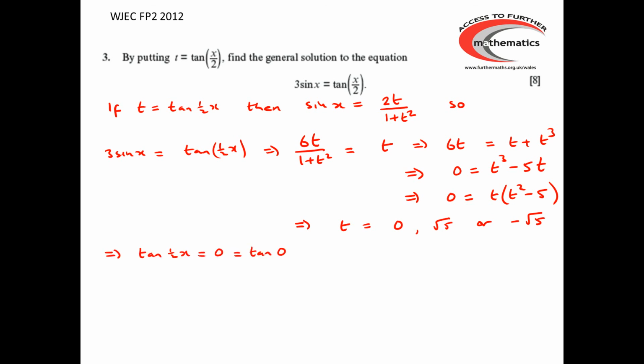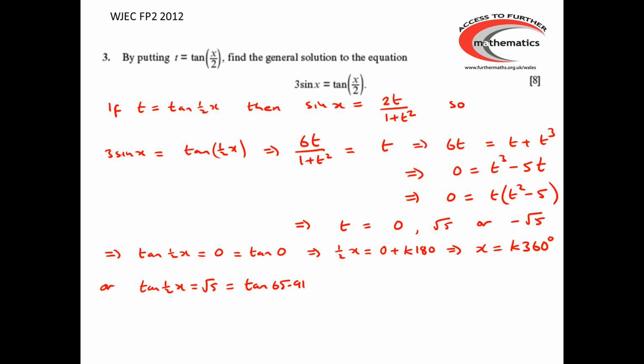So we've got the option that tan ½x could equal 0, which is tan of 0. The general solution of that is ½x = 0 + k times 180, in other words, x = k times 360 degrees. Alternatively, we could have tan ½x = root 5. Root 5 is the tan of 65.91.